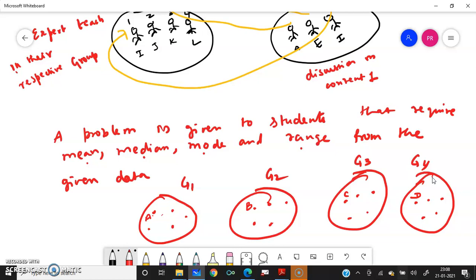Make sure the students have direct access to only their own segments. In this group, A will learn about mean, somebody is learning about the median, somebody about the mode, and somebody about the range. In the same way every group learns the respective topics.